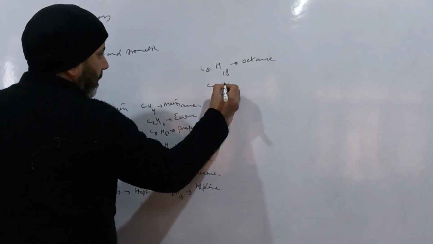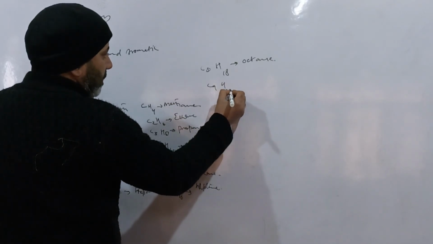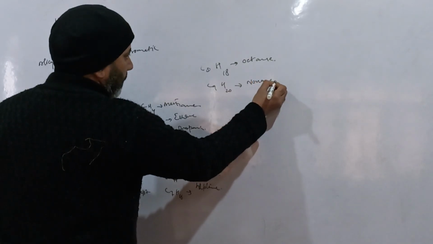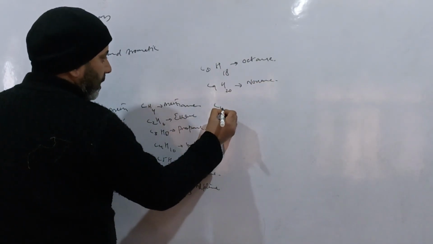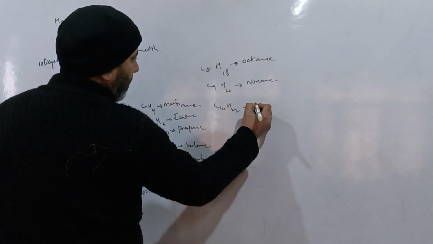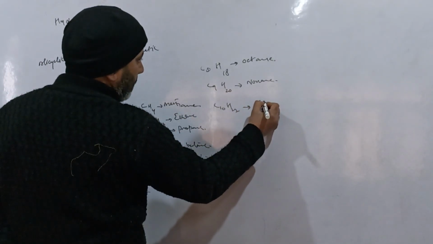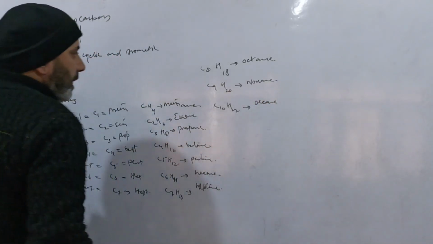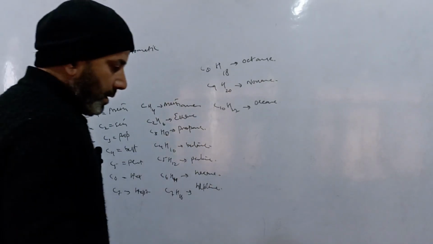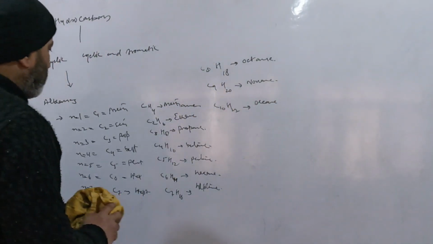Then C9H20 becomes nonane, and C10H22 becomes decane. For entrance level, we have to remember only up to the 10th carbon atom, that's C10H22. And then after we will proceed further.